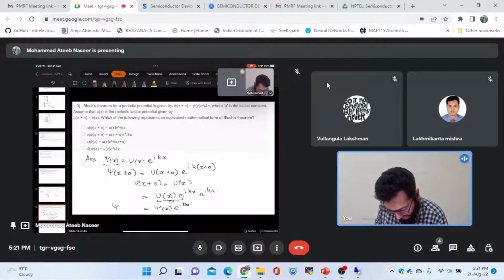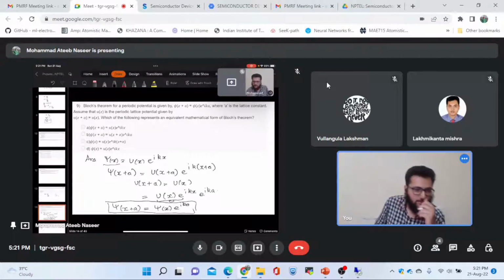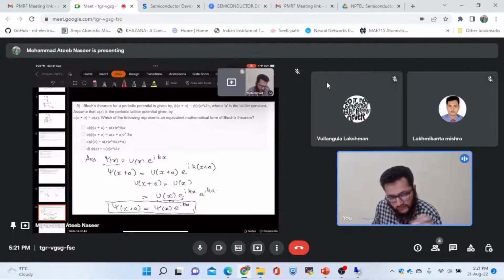So we have got the relation that we were looking for, that is psi of x plus a is some wave function psi at x which is multiplied by some phase factor. So option D is the solution to this problem.